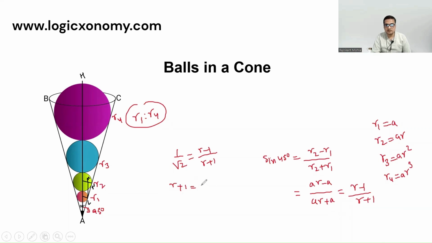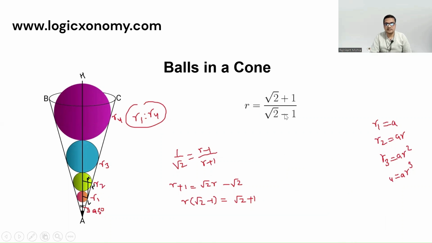R plus 1 is equal to root 2 R minus root 2. R common, root 2 minus 1 is equal to root 2 plus 1. So R is equal to root 2 plus 1 by root 2 minus 1. Now to rationalize this fraction, we have to multiply numerator and denominator by root 2 plus 1, the conjugate of the denominator.